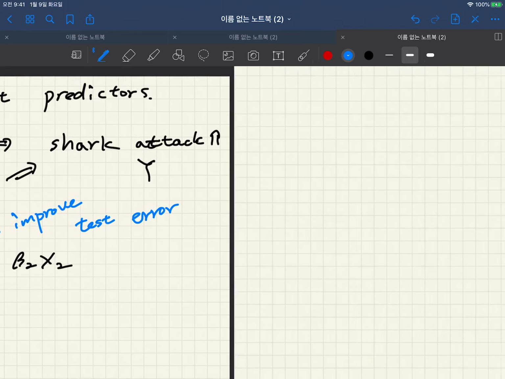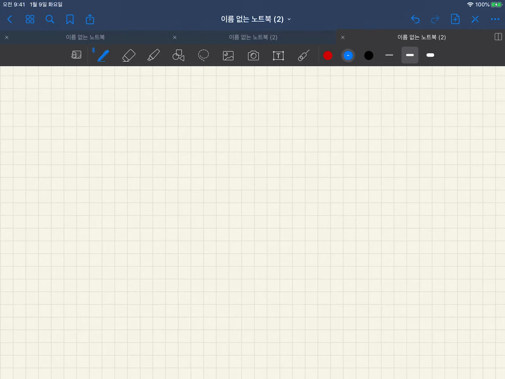Maybe in the lecture notes and lecture videos, you can see methods called forward selection and backward selection.